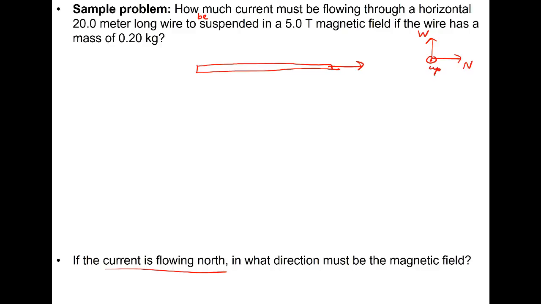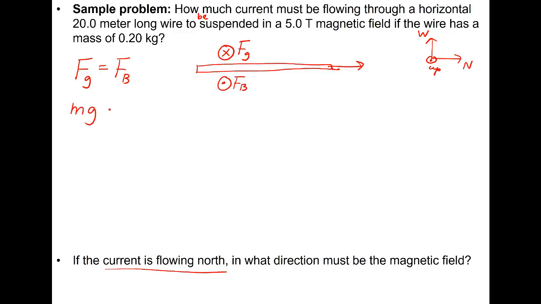Okay, so then what we know here is that the force of gravity is actually down into the page. I didn't want to draw it on the wire because that would be a little bit confusing to see, which means that the magnetic force has to be coming up out of the page in order for those to cancel each other out, because we want to suspend it so that the gravitational force is equal to the magnetic force.